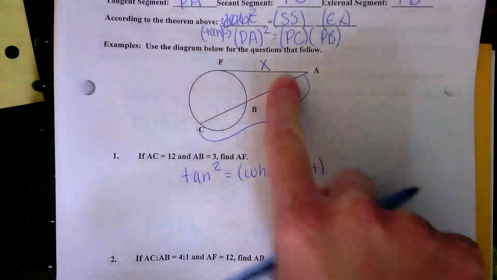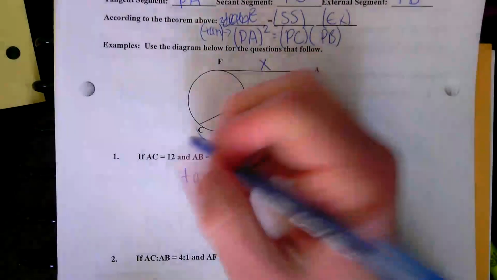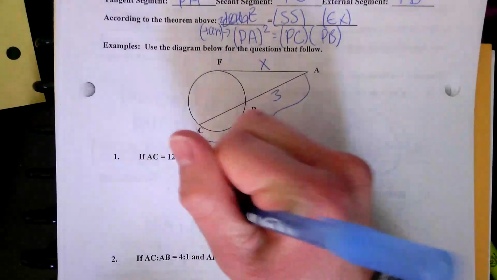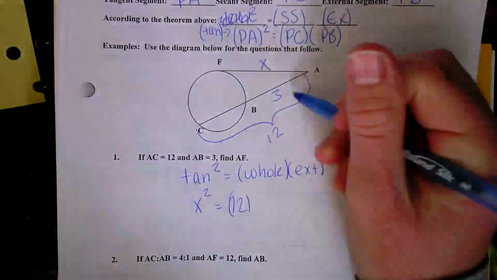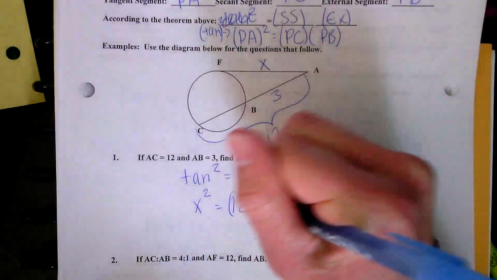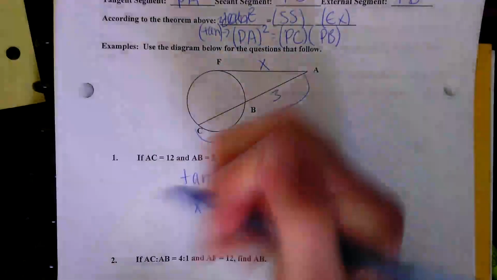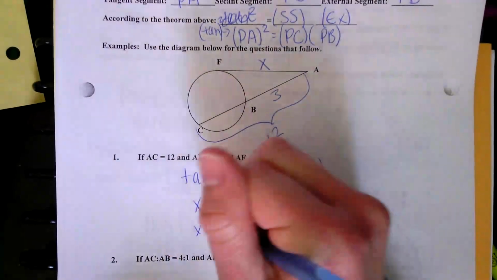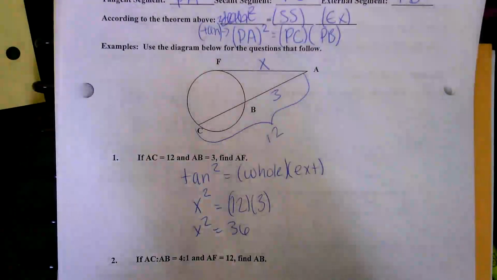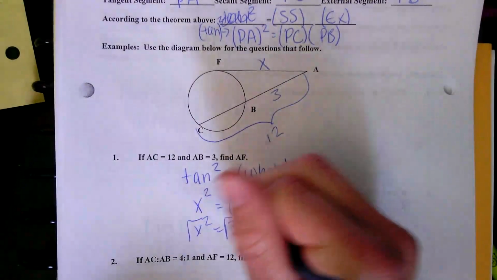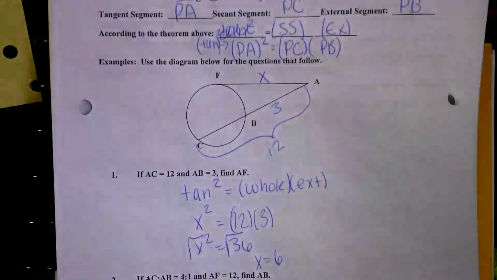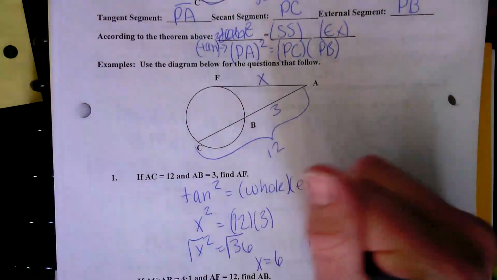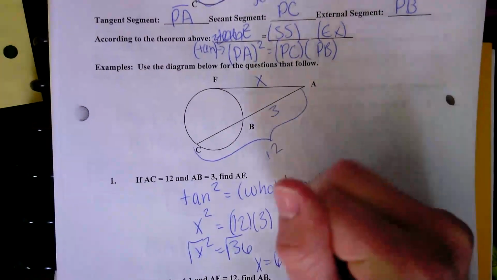Okay, so the length of our tangent segment is x, so this is x squared. Our whole is 12 times our exterior segment, which is 3. So x squared is equal to 36. Now we're just taking the square root, so x is equal to 6. So the length of AF is 6.